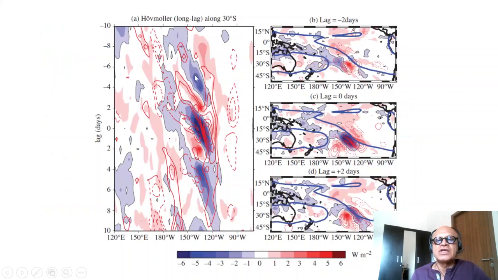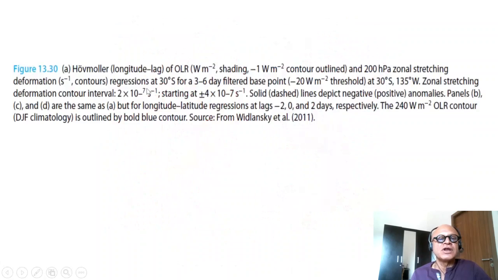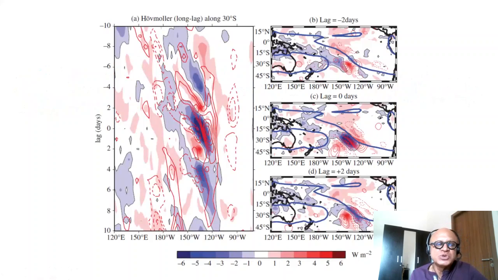So this is shown here in this figure, where we are looking at OLR again and 200 hectopascal zonal wind stretching information, 3 to 6 day bandpass filtered, and this is for latitude longitude regressions at lags of -2, 0, and 2 days.